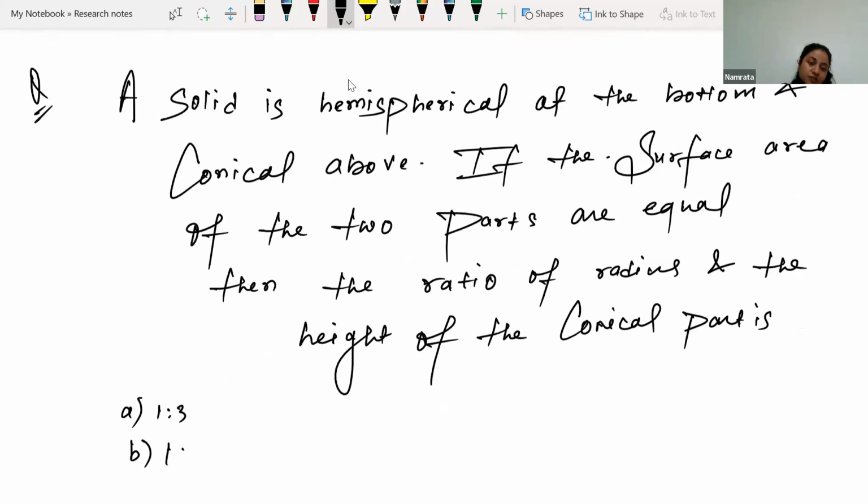B, 1 is to root 3. C, 1 is to 1. And D, root 3 is to 1.